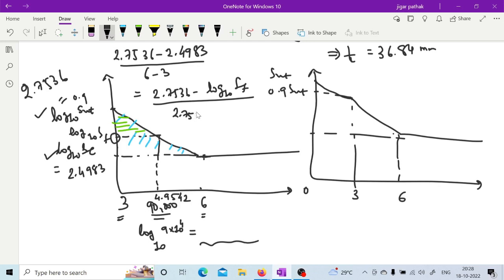Like this way we can write. SF is equal to 386.63. It is coming around 386.63 Newton per mm square.